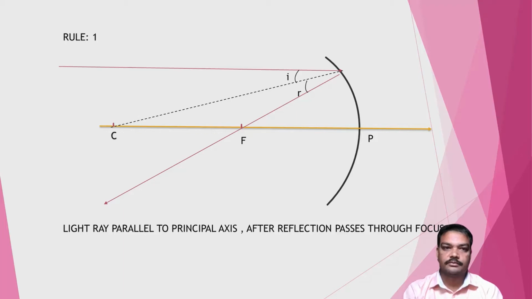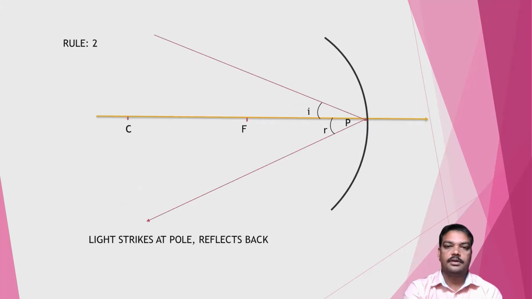So rule number 1: if a ray is incident on a concave mirror, after reflection it passes through the focus. Another rule: an incident ray that strikes the pole of the mirror, making an angle with the principal axis, reflects back at the same angle.